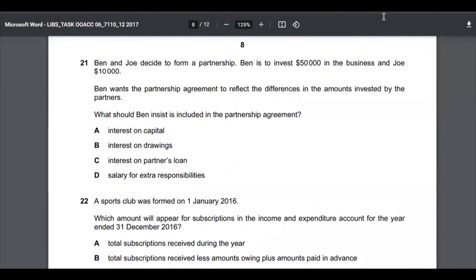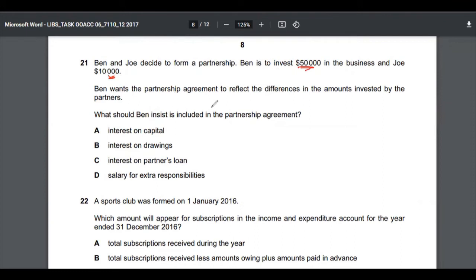Let's look at multiple choice 21. Ben and Joe decided to form a partnership. Ben is to invest $50,000 in the business and Joe $10,000. Ben wants the partnership agreement to reflect the differences in the amounts invested by the partners, right? So Ben has invested more, Joe has invested less, and Ben wants this to be reflected appropriately, which is very much a reasonable request, right?